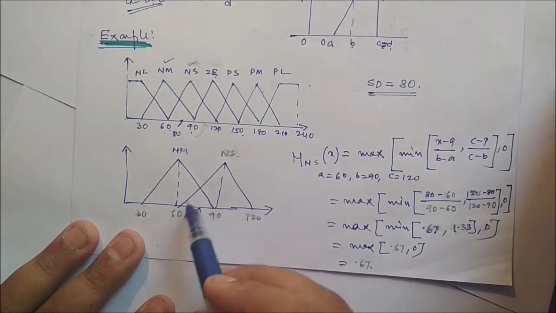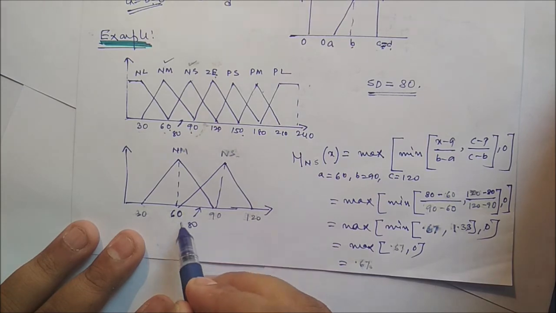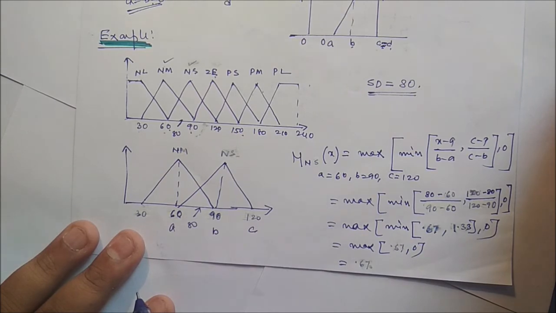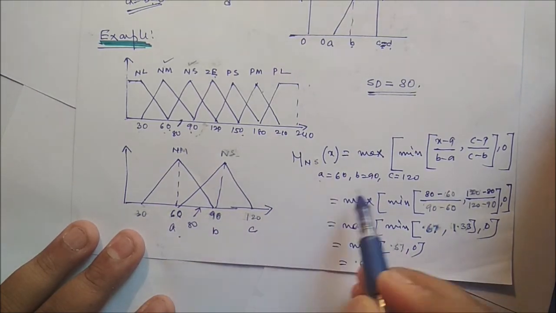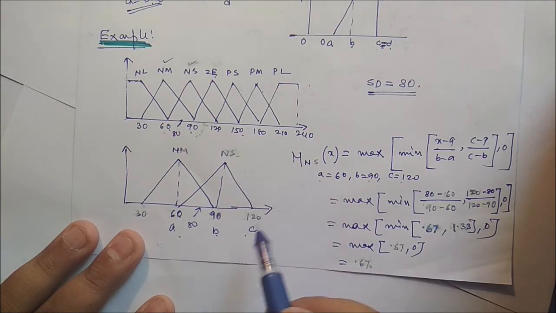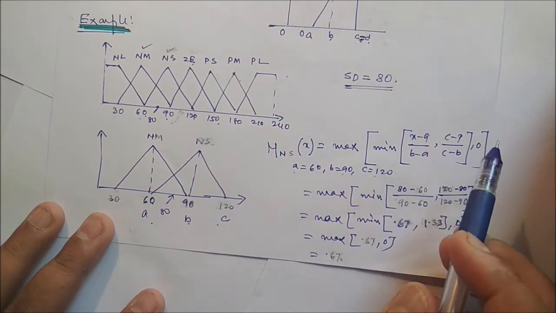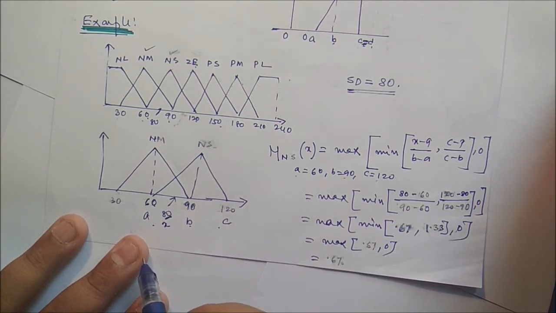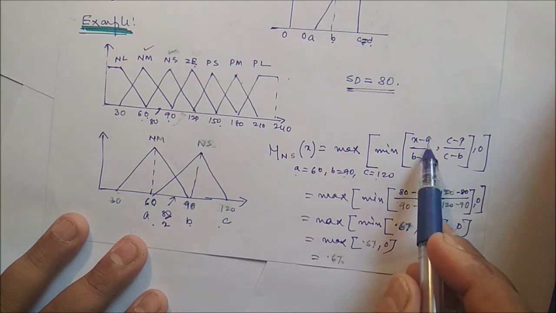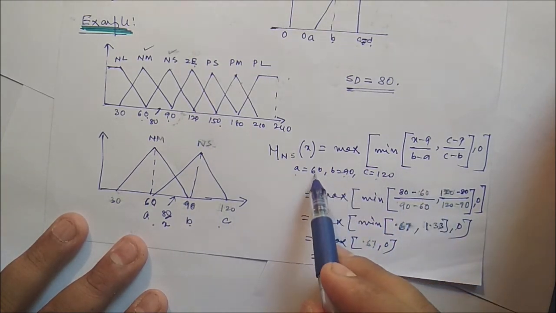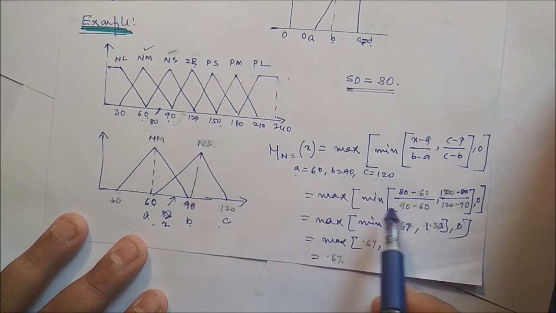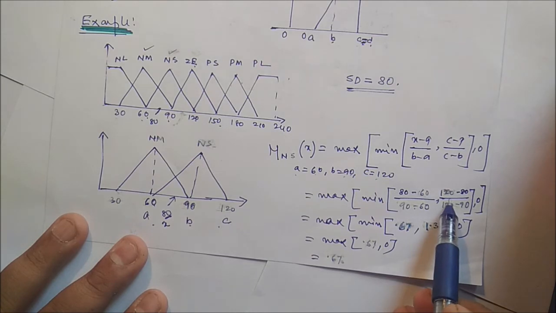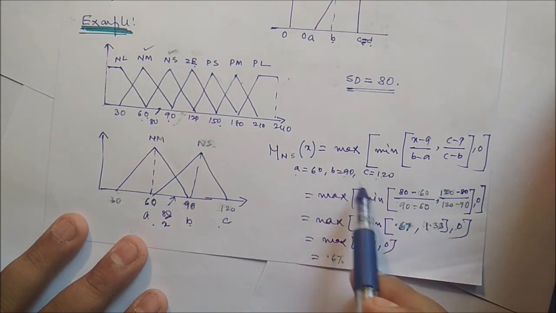So if you consider NS first, 60 is the a, 90 is b, and 120 is our c. So a is equal to 60, b is equal to 90, c is equal to 120, and already you know the formula of the triangular membership function. So if the value of x is 80, x minus a, 80 minus 60 by b minus a, that is 90 minus 60, comma c minus x, 120 minus 80 by 120 minus 90.